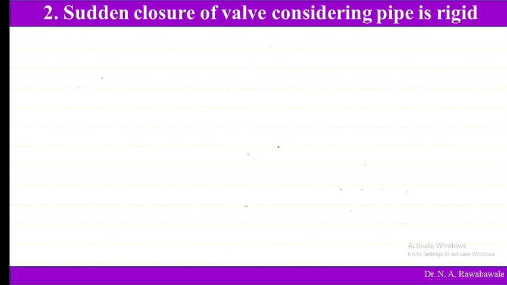If the effect of friction is neglected and the pipe wall is assumed to be perfectly rigid, with no expansion or elongation, the kinetic energy gets stored in the liquid flowing through the pipe, produced because of the water hammering action. So when we stop the flow suddenly, the kinetic energy gets converted into strain energy.